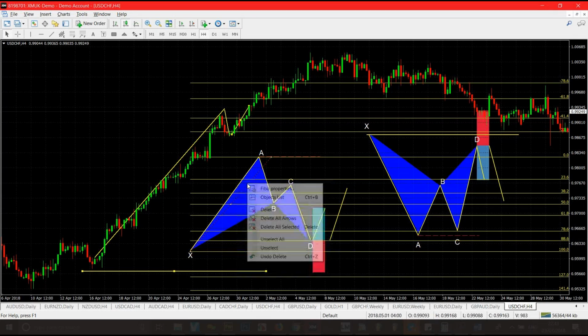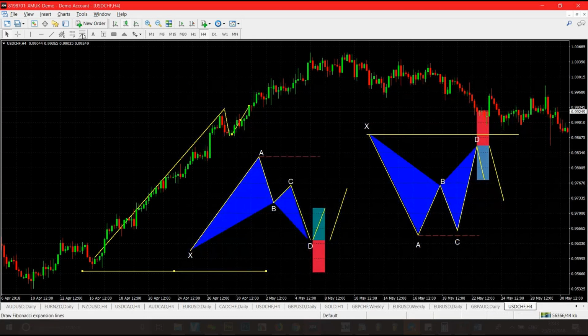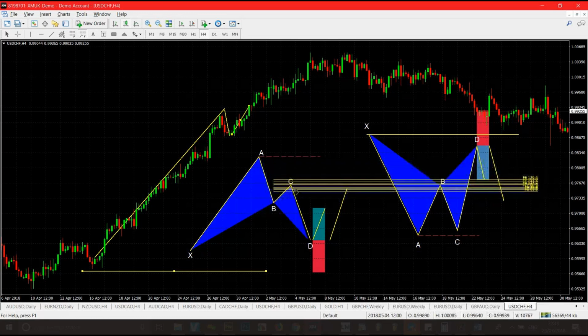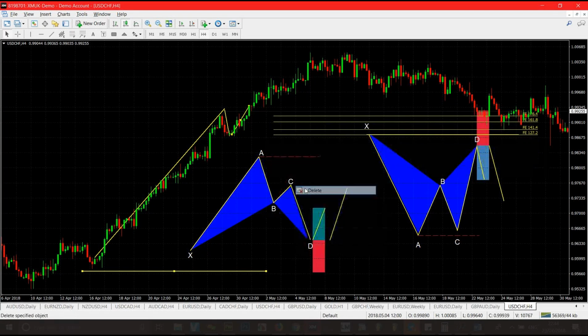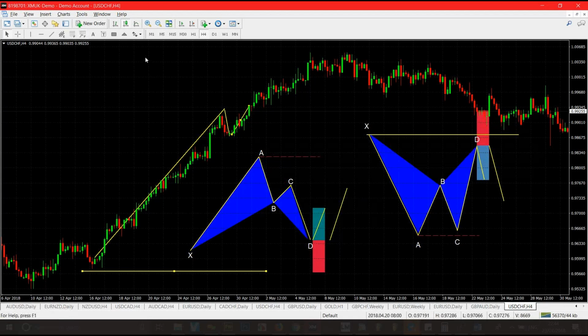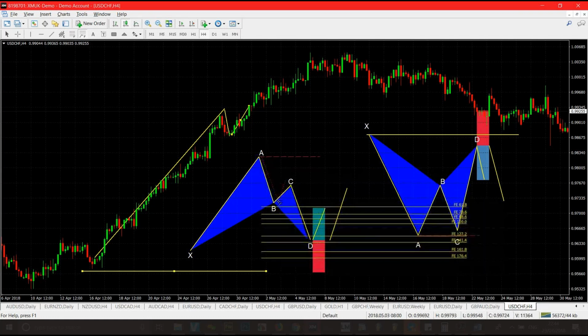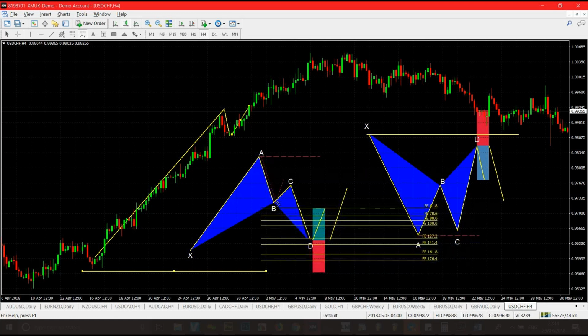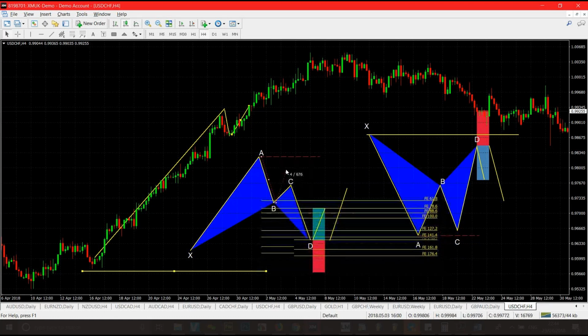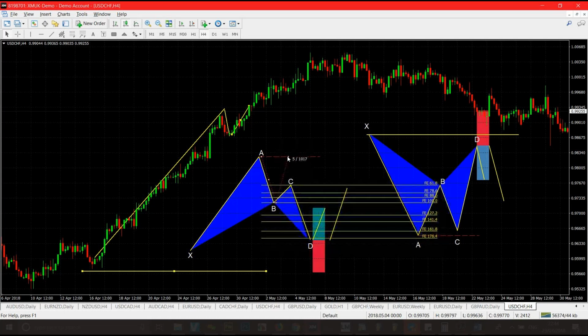Now let me try something else just to give you that extra. Like I was trying to explain initially, you can also do the extension using your extension tool of A to B. So you draw it from A, stop it at B, and then drag it from B to A back.